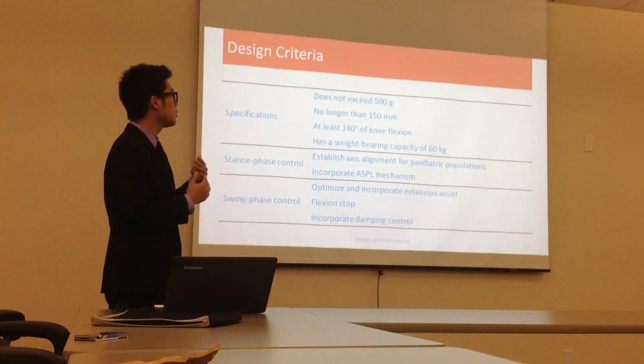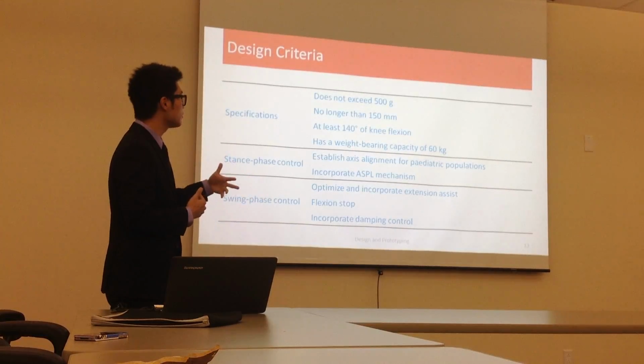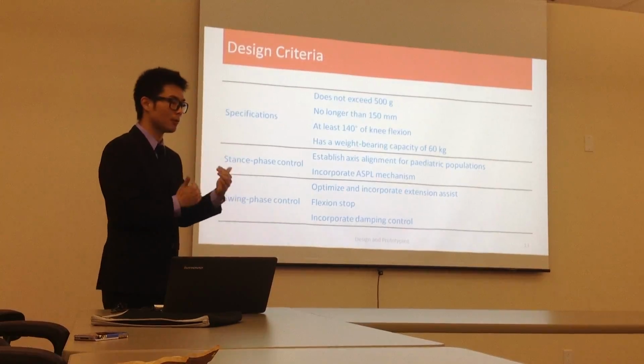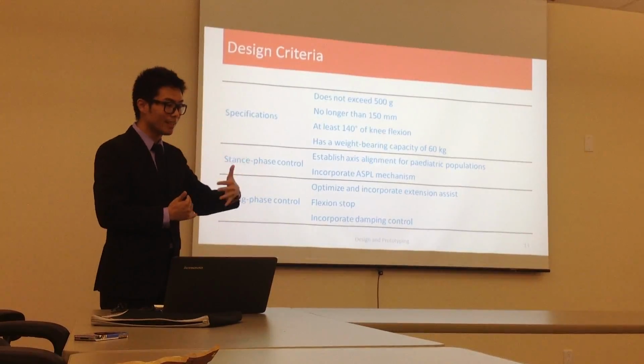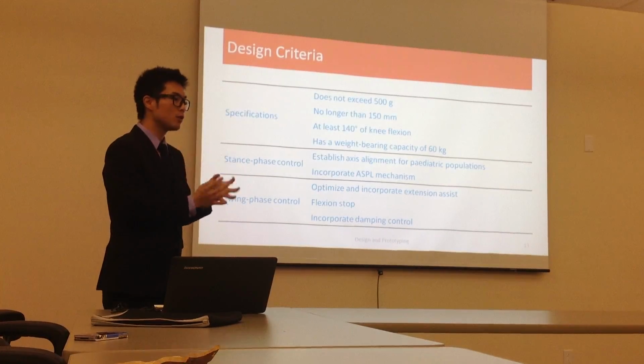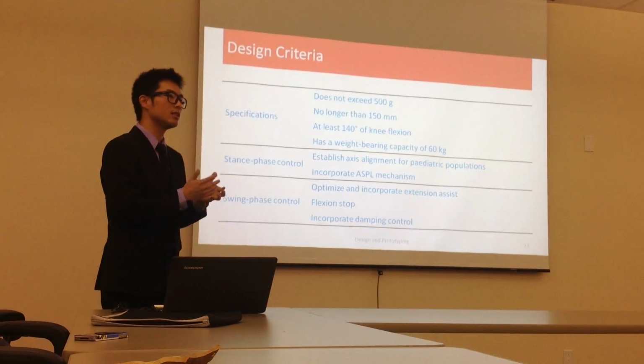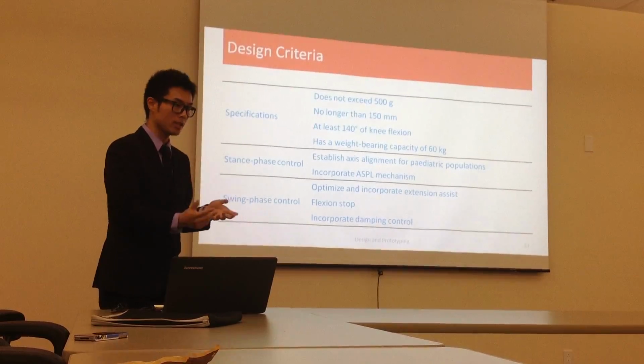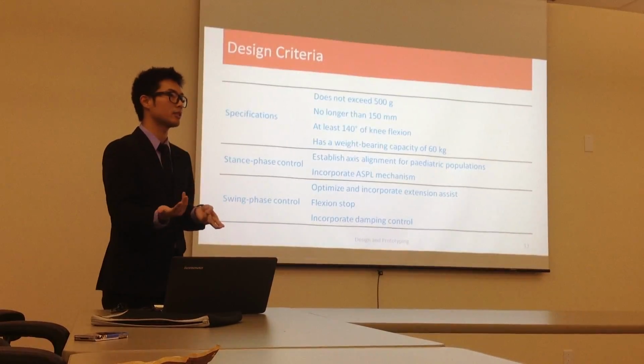So we do not have very strict weight and length restrictions, because the main goal is to demonstrate that the ASPL mechanism can be produced in a pediatric knee and used by the pediatric user.